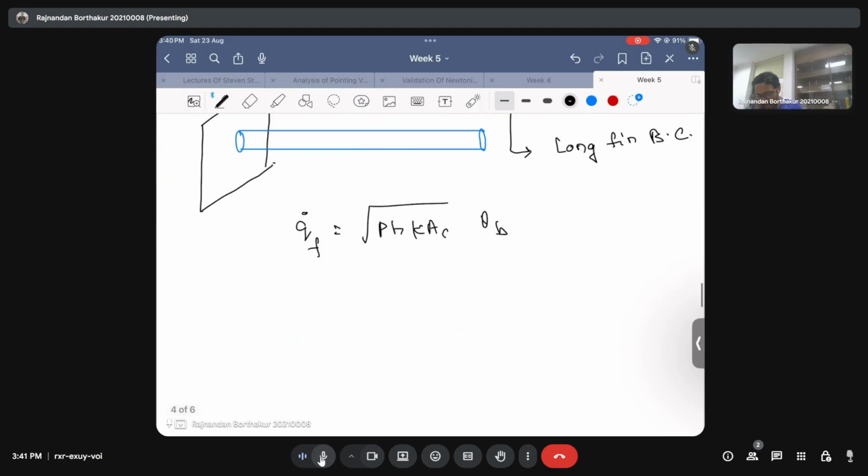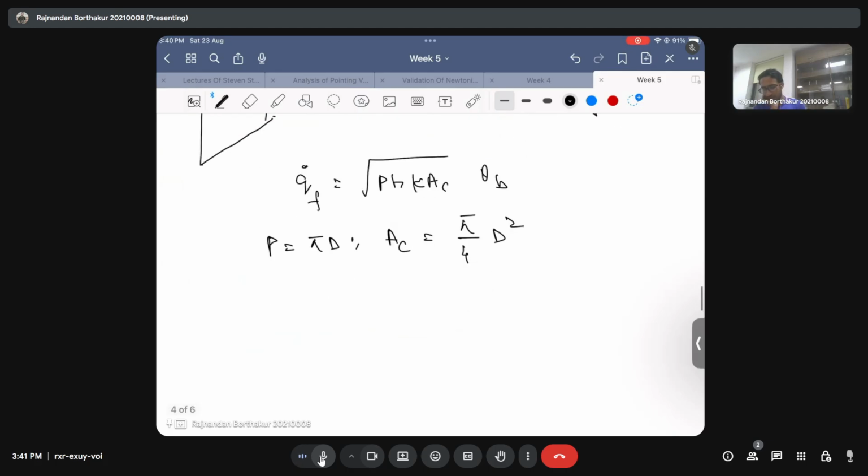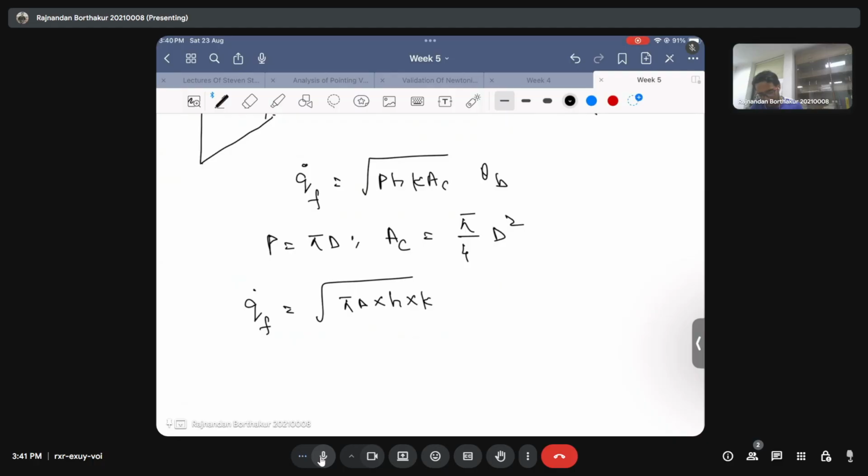Remember, P is the perimeter, so your perimeter will now just be equal to pi times d. A_c is the cross-sectional area of the fin, so this will become equal to pi by 4 times d squared. So this is from where we'll get the diameter. We'll just put in the values here. So Q dot f will be the square root of perimeter pi times d, times the heat transfer coefficient h and k, which are just constants, times A_c, which is pi by 4 d squared, all under the root, times theta_b.